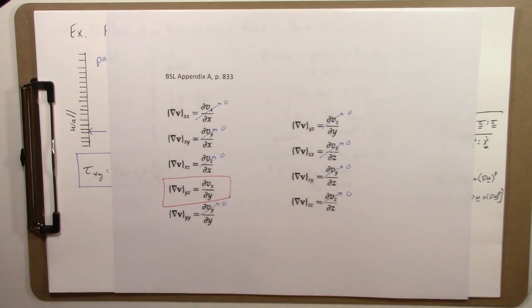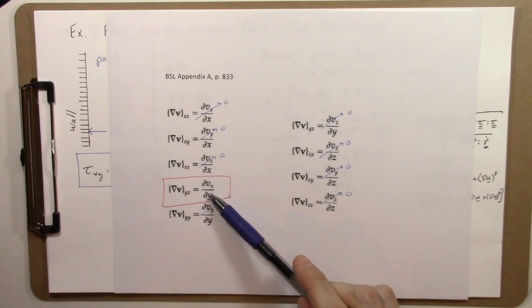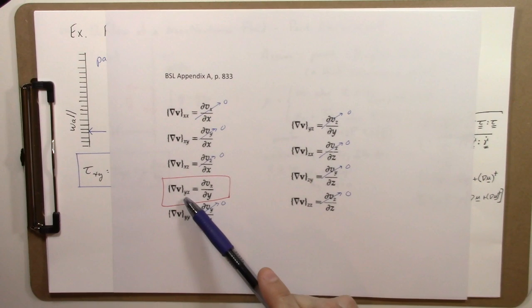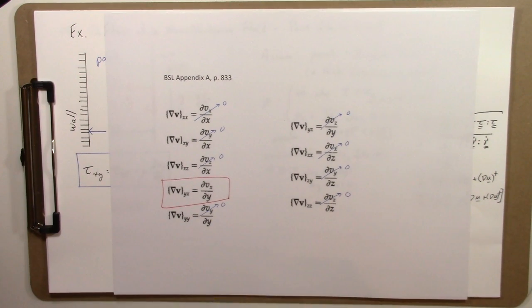And so the only one we're left with is this, right here, the yx component of del u. So in other words, dux dy is multiplied by the unit vectors ey, ex.